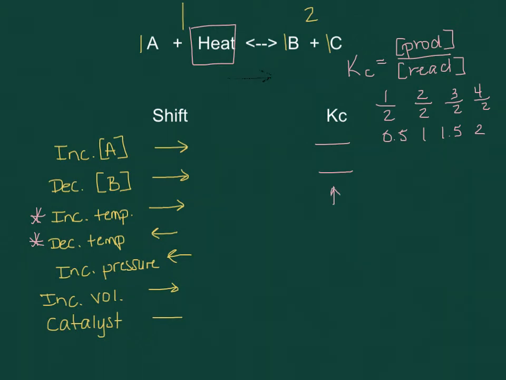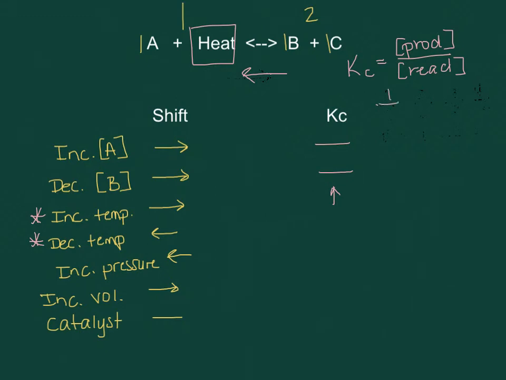On the other hand, if I decrease my temperature, let's see what happens. If I decrease my temperature, I'm taking away heat, so my reaction is going to shift back to the left. So I'm going to be creating more reactants.